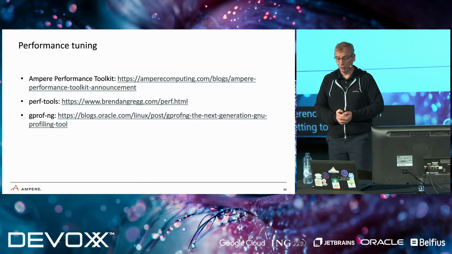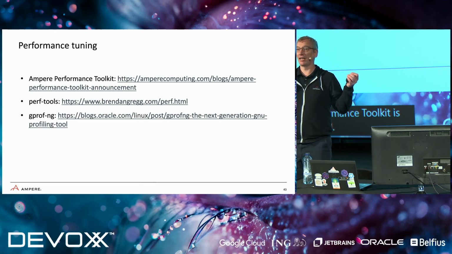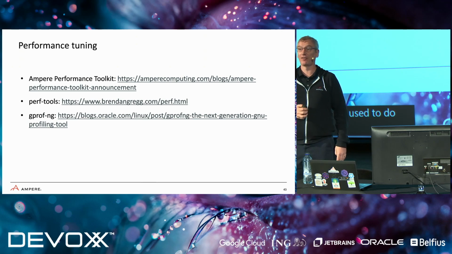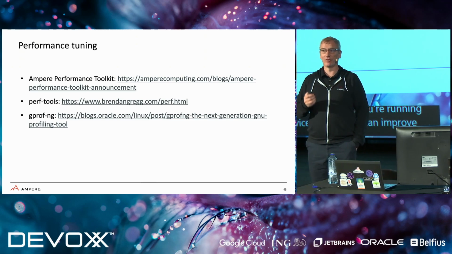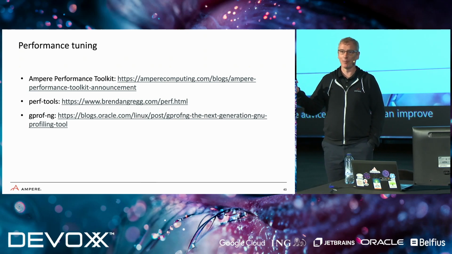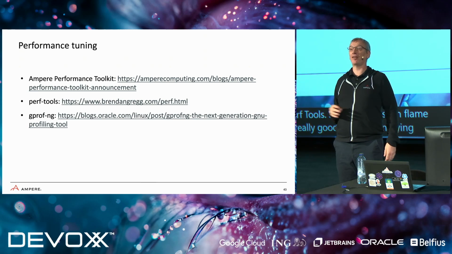I'm going to call out a few tools. The Ampere Performance Toolkit is something that we recently open sourced, which can be used to do some static analysis of code that you're running, and can give you some advice on how you can improve its performance. Perf tools. You've all seen flame graphs, which is a really good way of identifying how your program is spending its time.